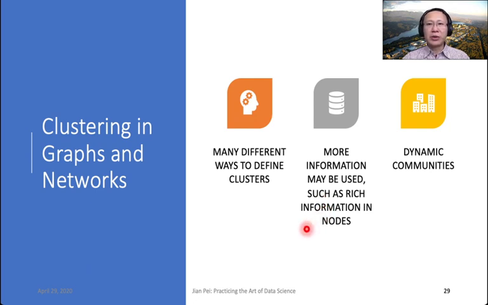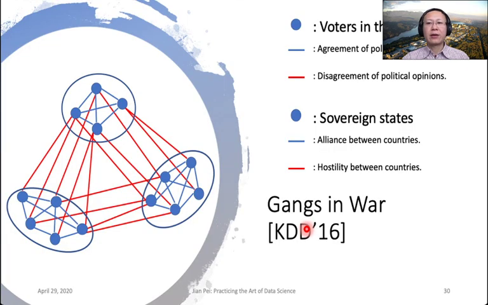And also, once we look at dynamic communities, there are many, many more choices. In the last several years, we did a lot of graph clustering. For example, one paper we did in KDD 2016 is about what we call gangs in war.